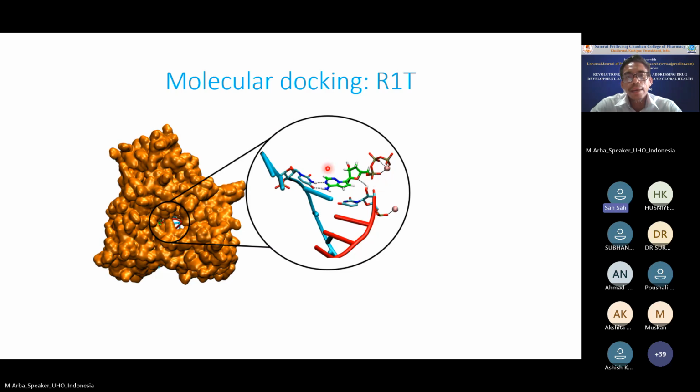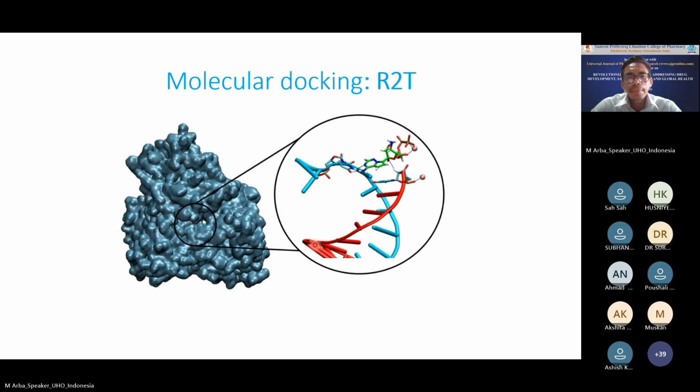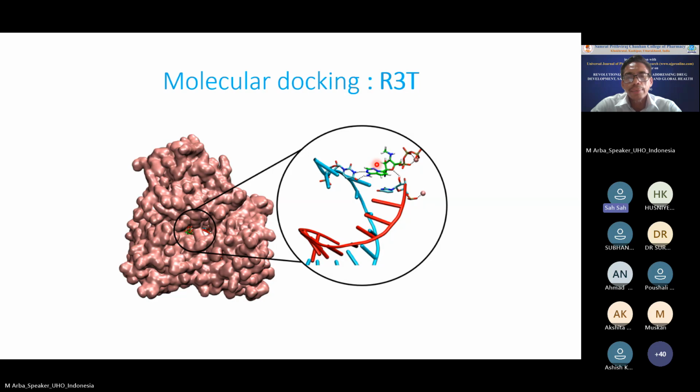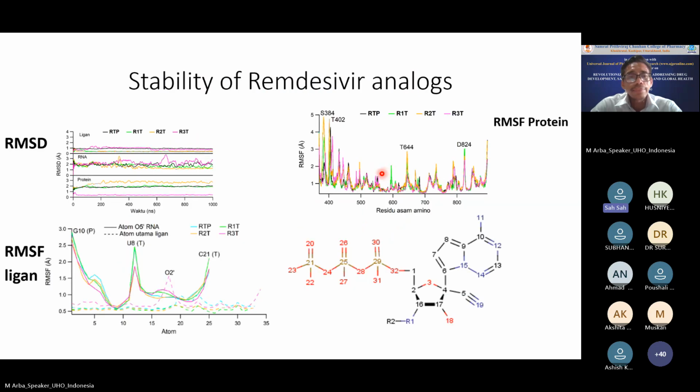This is R11, and this is RNA, and this is R12, and this is R13. And then we see the stability of R11, R12, and R13. And we saw that the RMSD is very stable for 1000 nanoseconds. This is the protein RMSD, this is RNA, and this is the ligand RMSD.